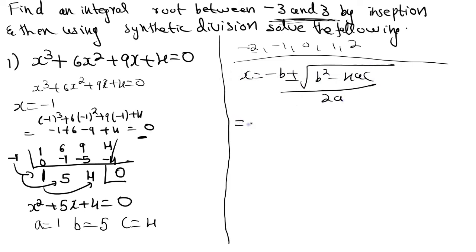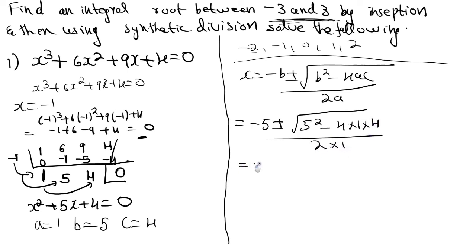So it's equal to minus 5 plus or minus square root of 5 square minus 4 into 1 into 4, divided by 2 into 1. So minus 5 plus or minus square root of 25 minus 16, by 2.